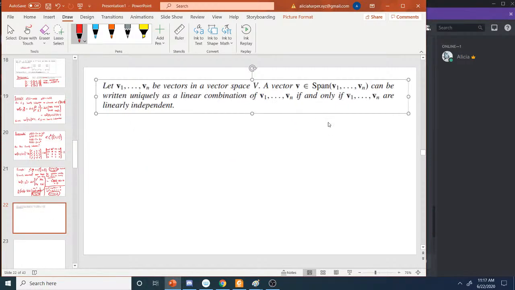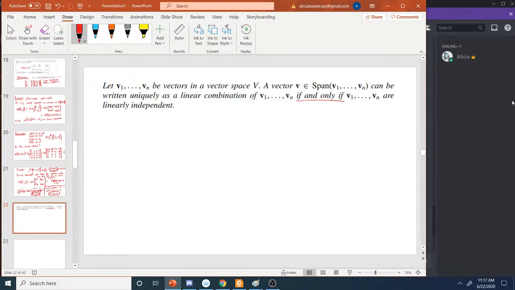Let's suppose that v1 through vn are vectors in a vector space V. Suppose V is a vector in the span of v1 through vn. Then it can be written uniquely as a linear combination of v1 through vn if and only if v1 through vn are linearly independent. So this will be the next thing we prove.